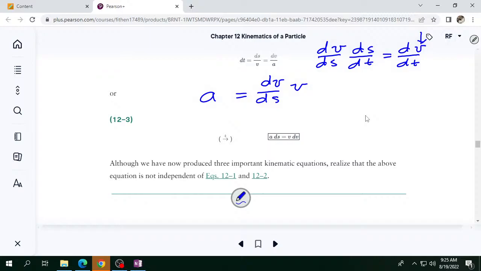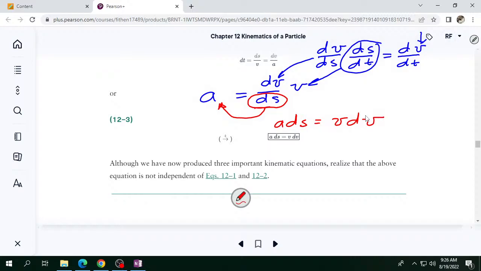So we had to do this. This turned into this, and this just got written down. So what he's done here is, let's see if this works. Oh, it does. So move that over, and you get a ds is equal to V dV.